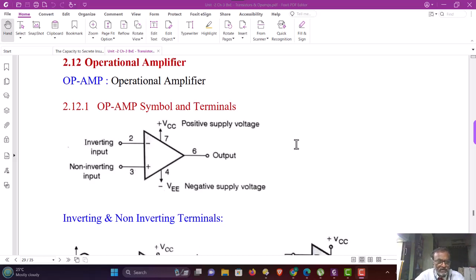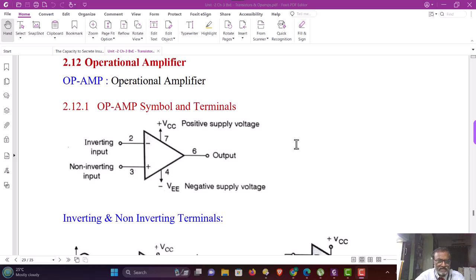Now, if you see the symbol, this is a typical symbol of an operational amplifier and also the symbol of the operational amplifier mu A741. The terminals shown here: pin number 2, inverting input, pin number 3, non-inverting input, and pin number 6, the output. Pin number 7 is VCC plus and pin number 4 is the negative supply VEE.